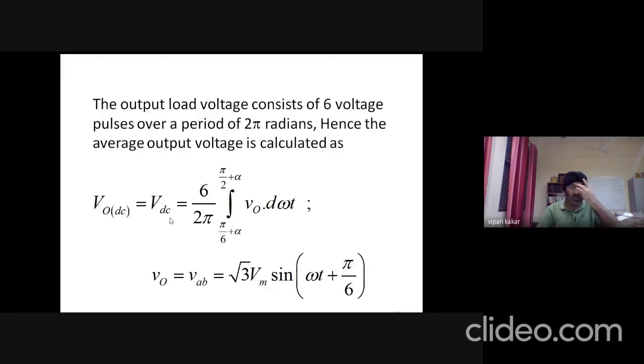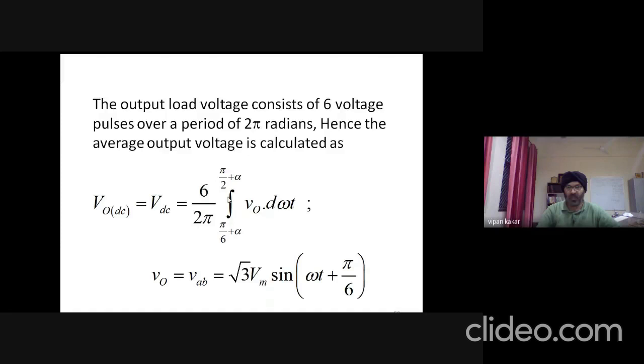The output voltage we need to integrate from 30 plus alpha, because the first crossover happens at 30 degrees. The two phases cross each other at 30 degrees. So only starting from the first crossover of two phases, we calculate alpha.